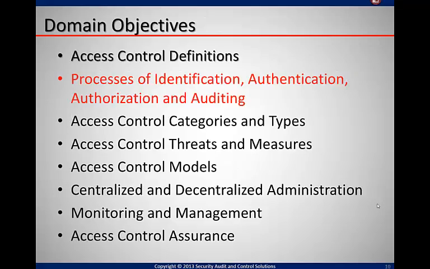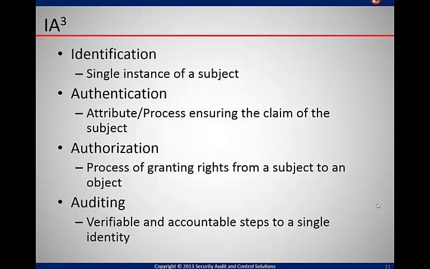And also when we look at process: identification, authentication, authorization, and auditing. Identification is a single instance of a subject. That is like your user ID. The authentication is an attribute or a process ensuring the claim of that subject, you being the subject. Now, authentication can be a password, as an example.